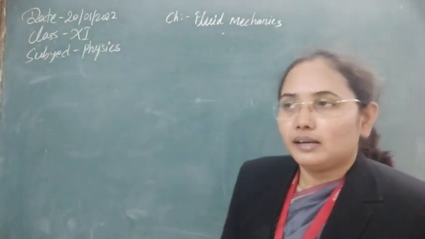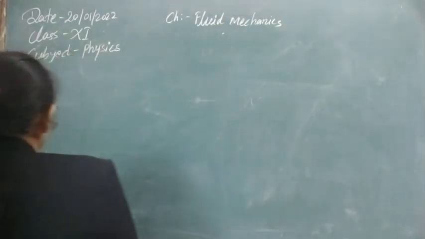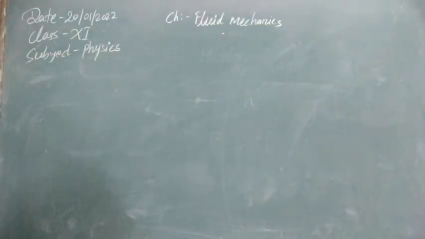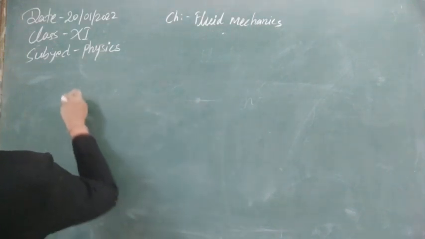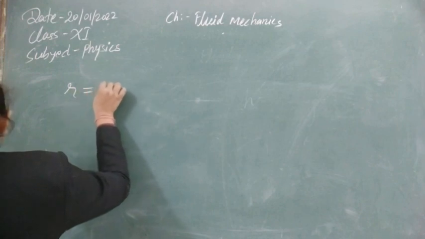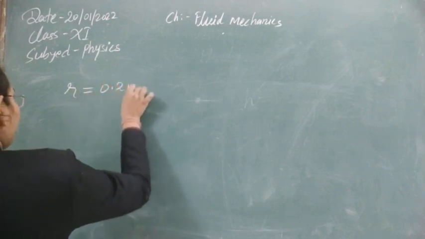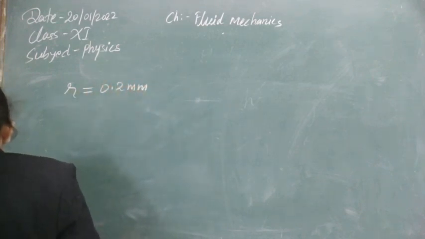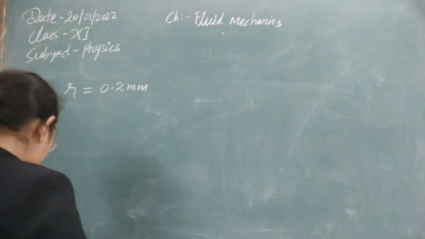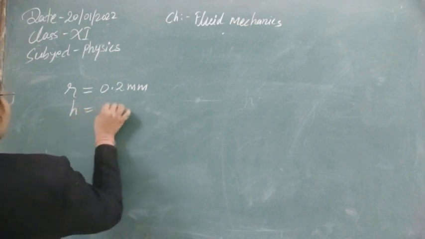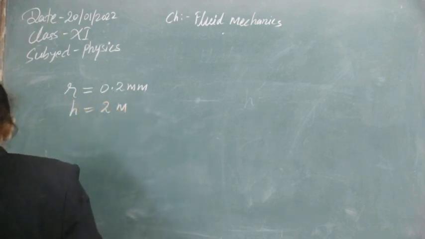So first let's write the data that is given in the question. After that I will explain the question again. Here in our question, first of all, there is an air bubble that has radius, suppose small r is the radius, that is 0.2 mm. Then it is given that this air bubble is at a depth of 2 meter below, so suppose h is 2 meter.